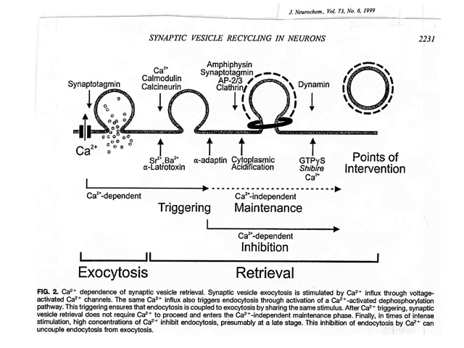In other experiments, Cousins and Robinson go on to look at influences of other calcium-mediated regulators, cytosolic calmodulin, calcineurin, etc., as well as the influence of various proteins necessary for clathrin-coated vesicular endocytosis.